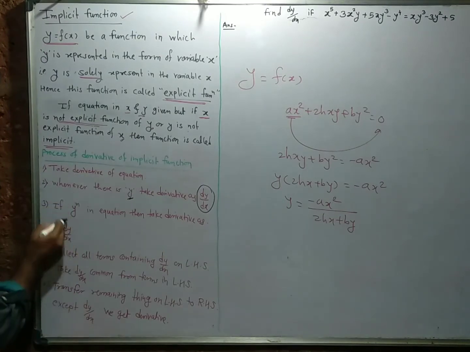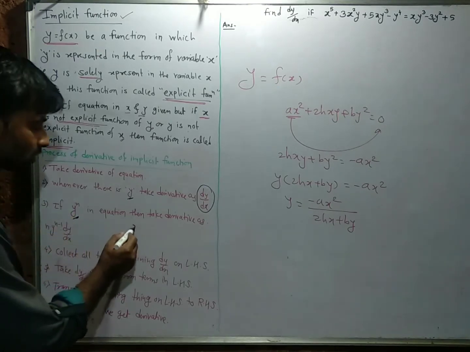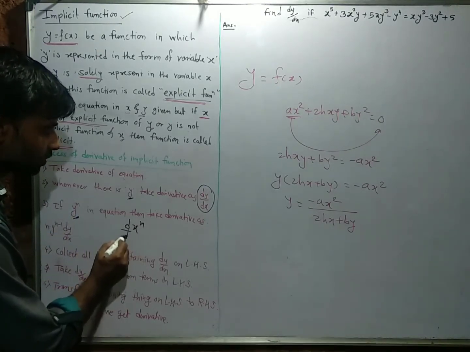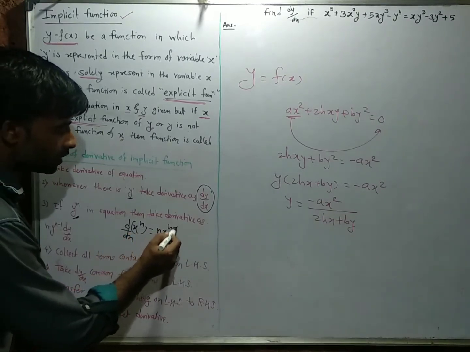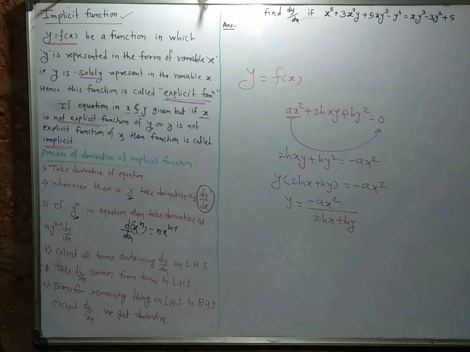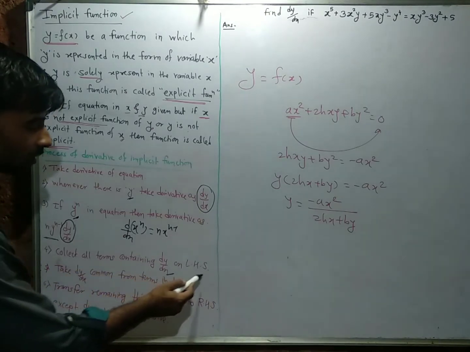If y raised to n is inside the equation, first of all, we carry out the derivative like x raised to n. d by dx of x raised to n is n into x raised to n minus 1. Similarly, y raised to n has the derivative n into y raised to n minus 1, and then again we have to take the derivative of y, which is dy by dx. Then collect all terms containing dy by dx on LHS.